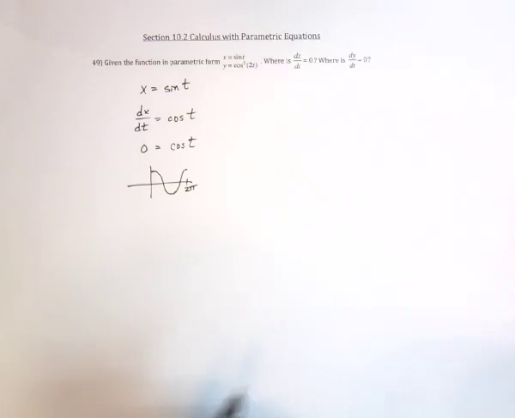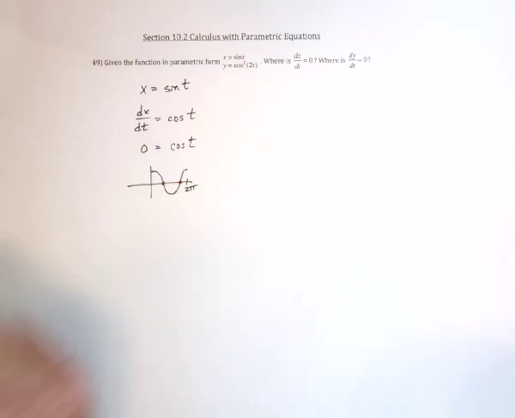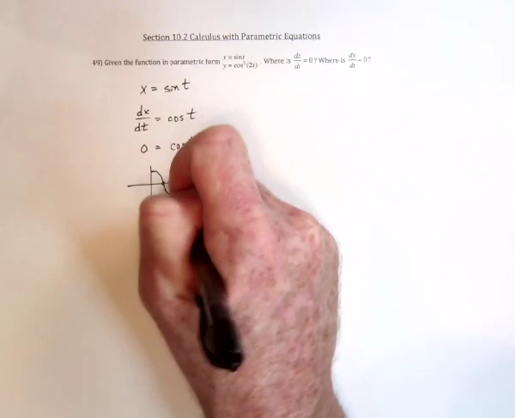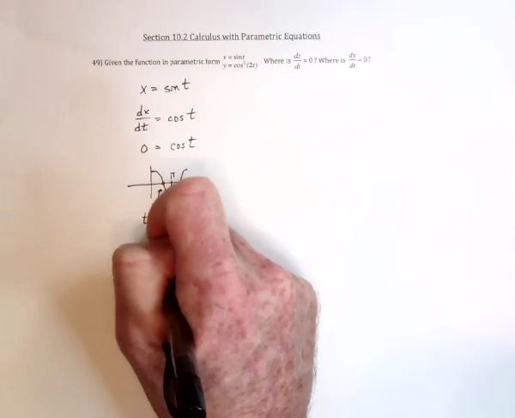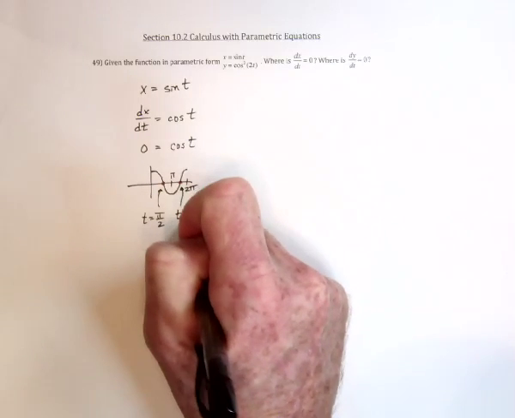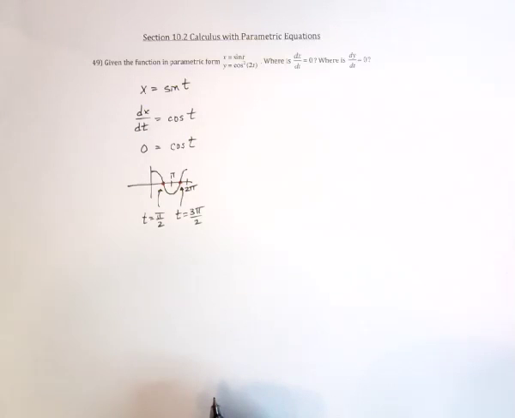Where it's equal to 0 is going to be right here and right here. With pi in the middle, this one is going to be t equals pi over 2, and this one is going to be t equals 3 pi over 2. So there's where dx dt equals 0.